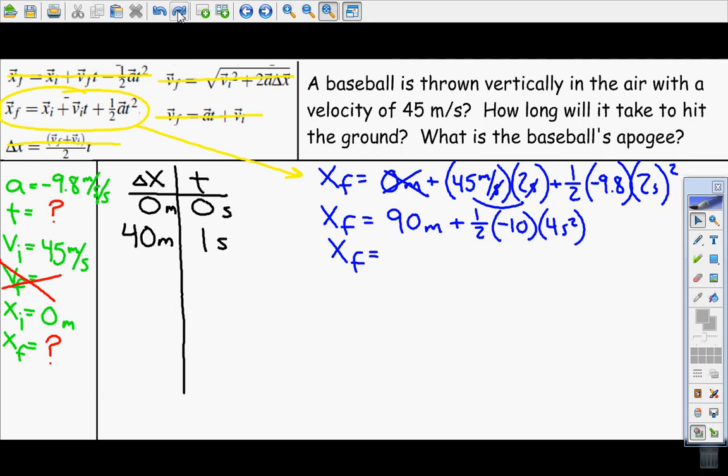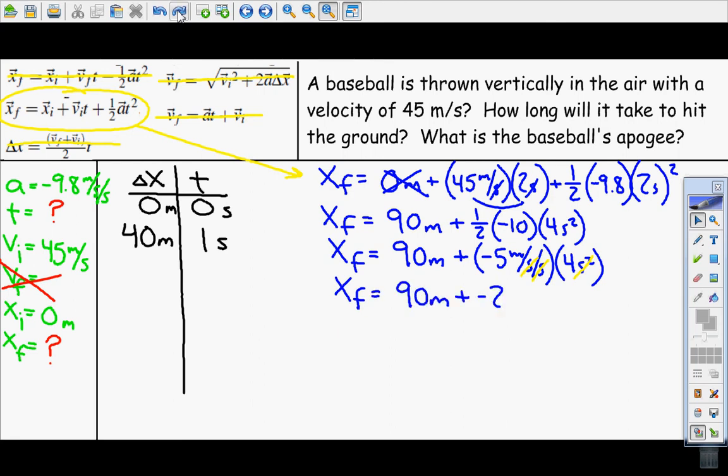So XF equals 90 meters. 1/2 times negative 10 is negative 5 meters per second every second, times 4 seconds squared. And the seconds again cancel out, leaving me just with meters. So XF equals 90 meters plus negative 20 meters, because negative 5 times 4 is negative 20 meters.